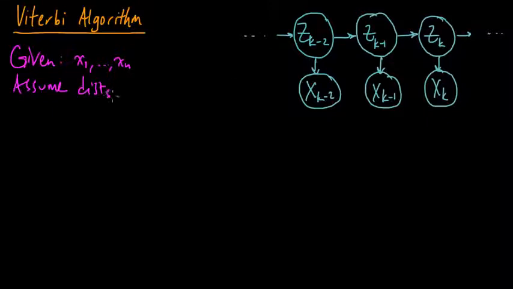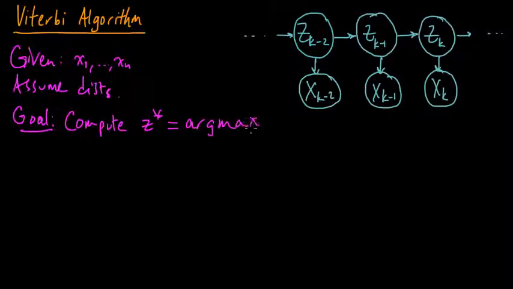So we assume that the distributions are known, and our goal in the Viterbi algorithm is to compute the most likely sequence. Let me write that as z star. Z star is the maximizer over all sequences z from z1 to zn of the probability of z given x.